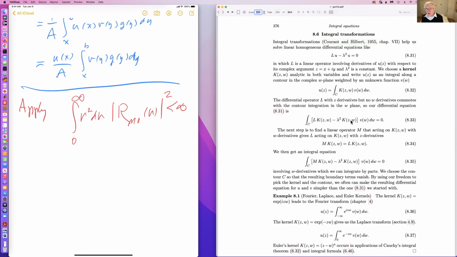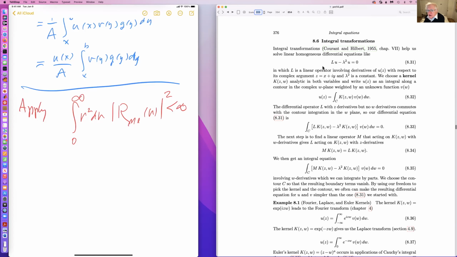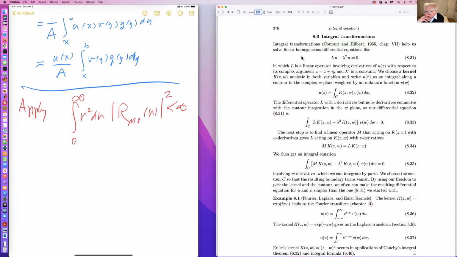Now, integral transformations are somewhat magical, actually. So suppose you have a linear homogeneous differential equation that looks like this. Of course, once it's linear, you understand that basically we should be able to solve it.